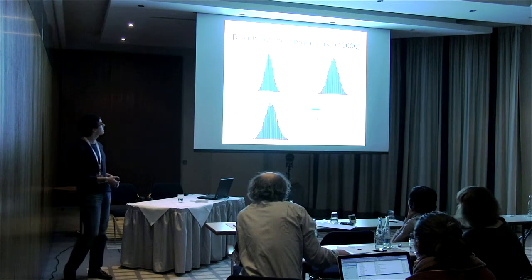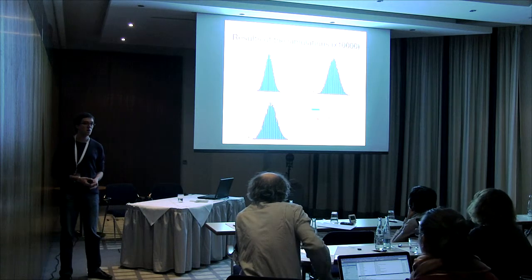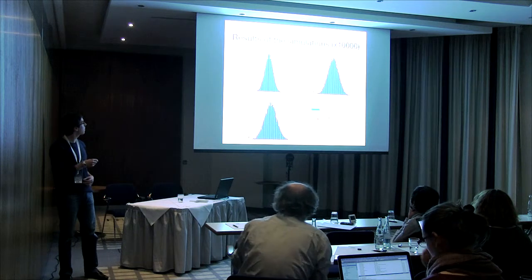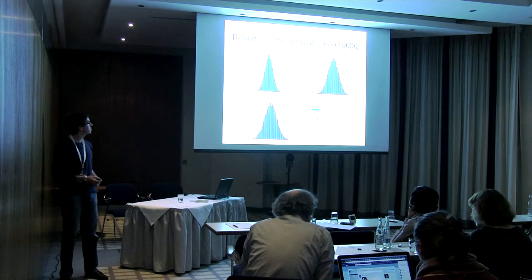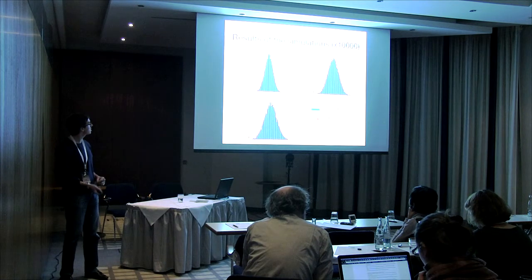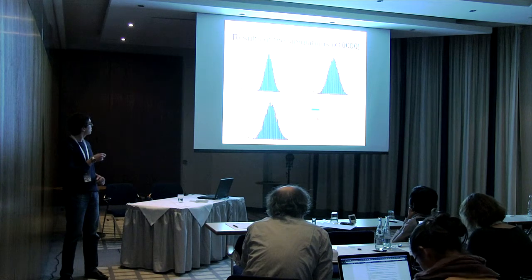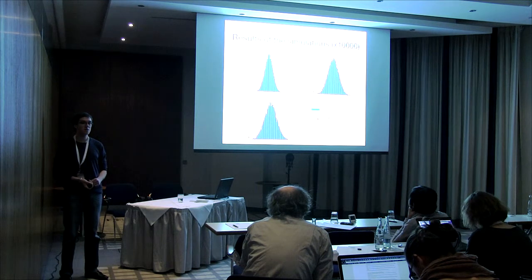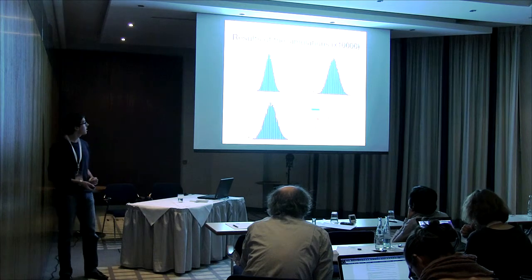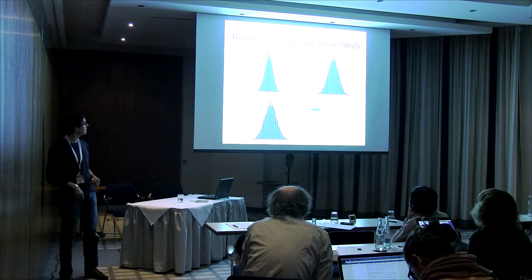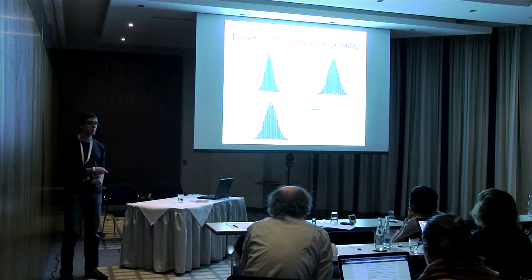And so these are the results of 10,000 simulations per burst. And so the blue histogram here shows the distribution of the excesses found in the simulation. The red arrow shows each time the power excess found in the data, and as you can see, the power excess is way lower than in the simulation in each of these cases.